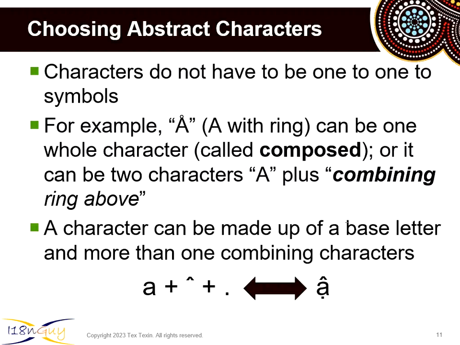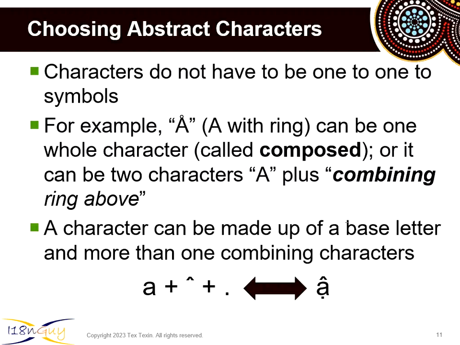So when we do that, the character is called composed. However, it could also be two characters. It could be the character A, and we could have another character, which is a combining character, and it could have a ring above. So when I enter the character A and I follow it with this combining character, it forms A with ring above.